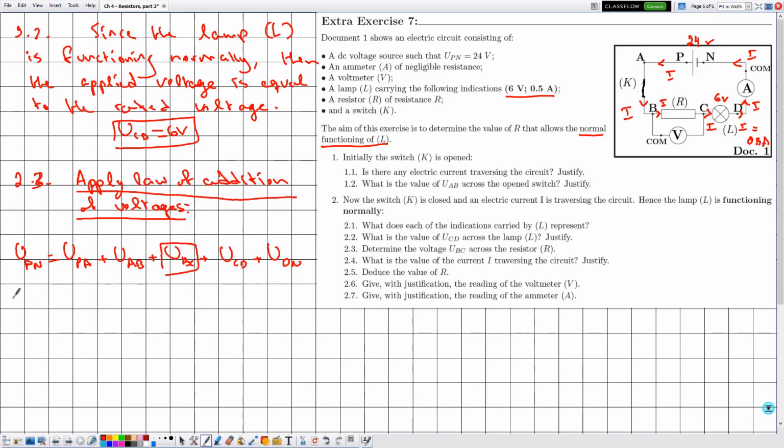Now UPN is equal to 24. UPA: across P and A we have a wire, so UPA is 0, and we didn't justify this previously, so let me write here between brackets UPA is equal to 0. The reason is given by connecting wire. Now across A and B we have a closed switch, so it's 0. We didn't justify this previously, so let me say that UAB is equal to 0, and the reason is given by closed switch.